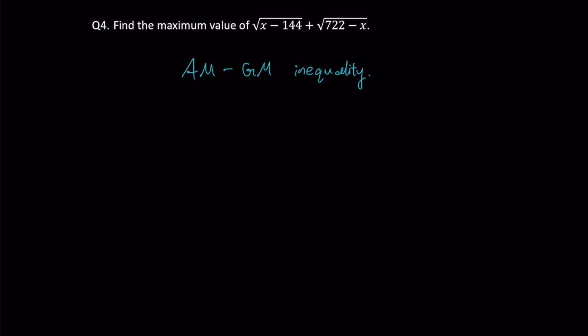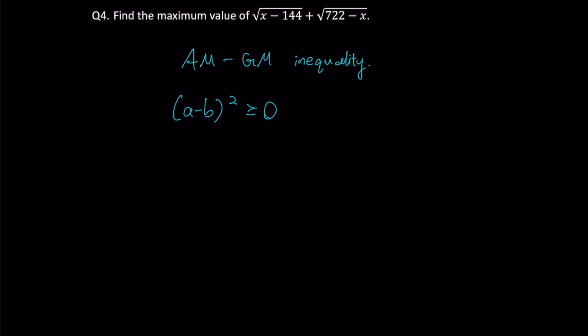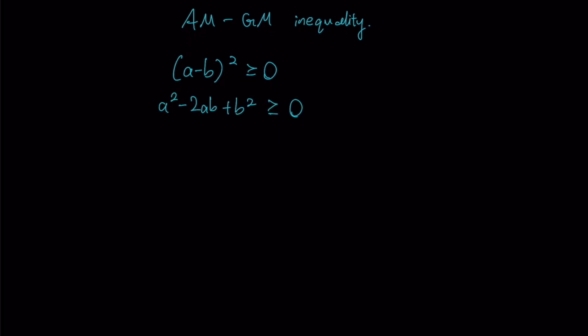So we can start from a simple expression such as the square of the difference a minus b, and we know for a fact that squares at the bare minimum have to be greater than or equal to 0. Now, by expanding, this is what we have on the left, this is what we have on the right. And we can complete the square in order to morph this into an expression that involves a plus b squared instead.